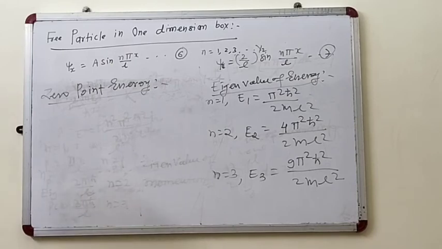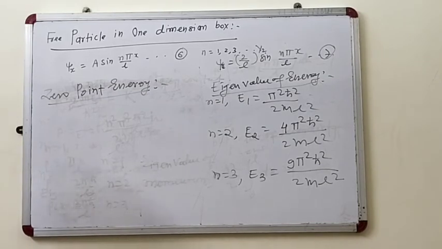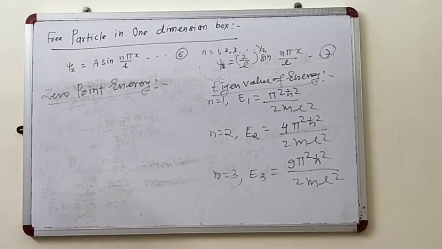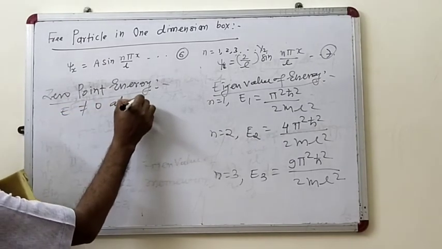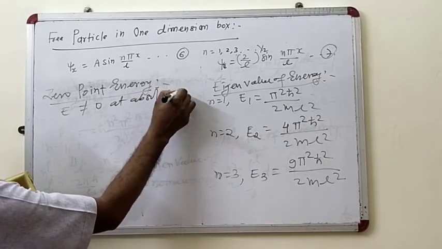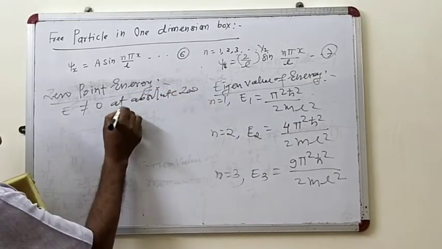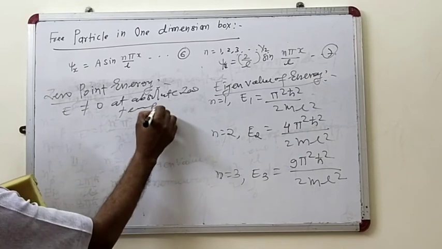The lowest energy is nothing but the zero point energy, because when a free particle is present in a one-dimensional box, its energy is not 0 even at absolute zero temperature.